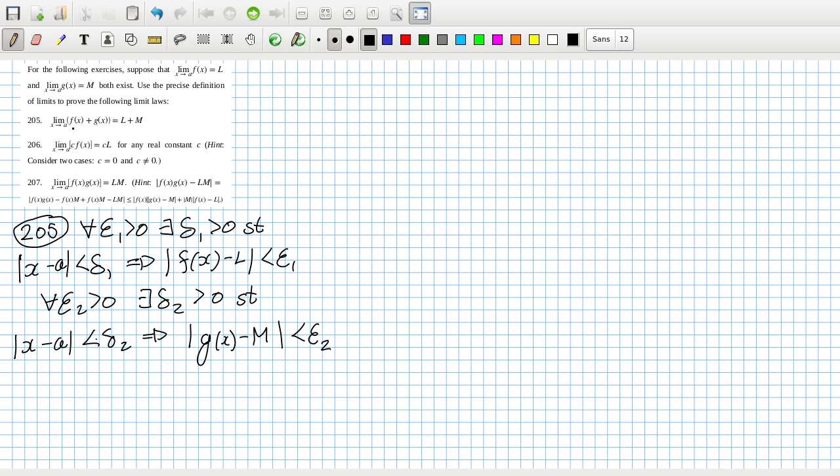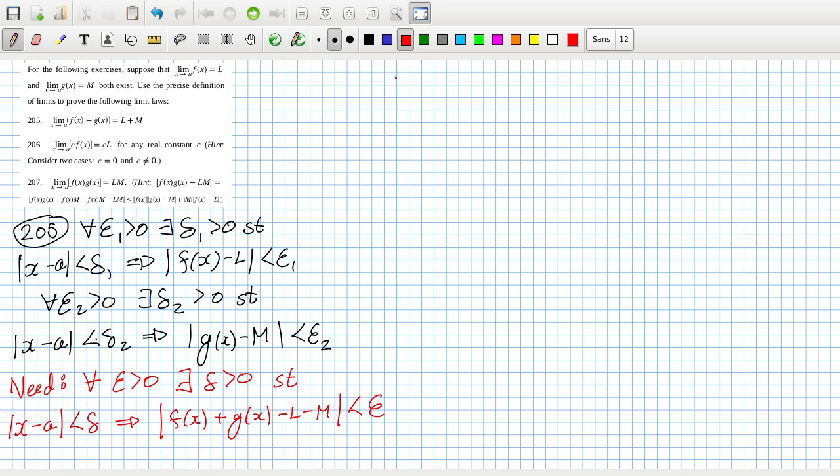And we need to show this. So we need, for all epsilon greater than 0, there exists a delta greater than 0 such that if |x minus a| is less than delta, then |f(x) plus g(x) minus L minus m| is less than epsilon.